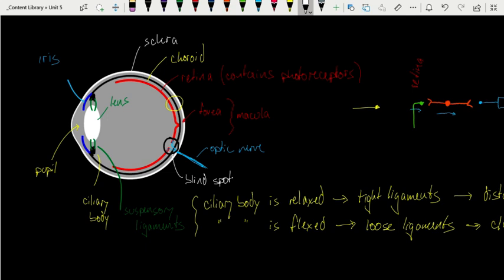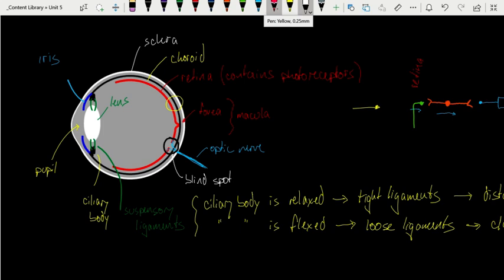I do want to just help you understand the role that these anatomical structures play in focusing light, and then talk a little bit about myopia, hyperopia, and how changes to primarily the cornea can lead to near farsightedness.